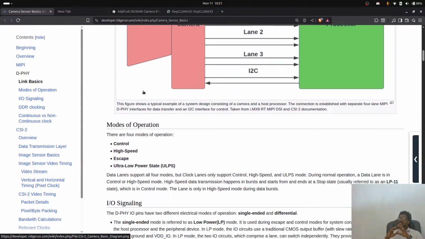So the thing that makes MIPI very special, and capable of these super high rates of data transfer, is that you can do quite a lot of signal multiplexing. Number one, you can send data from more than one peripheral to the controller.